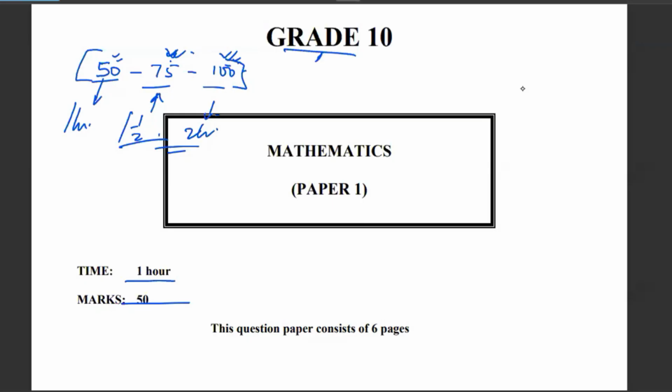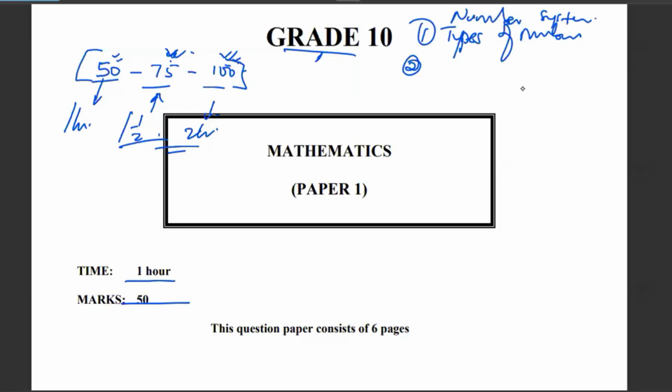So the work that was covered in term 1 should be the work to be discussed mainly in paper 1, except for trigonometry. So number 1, we must expect something like types of numbers, sometimes we call it the number system.